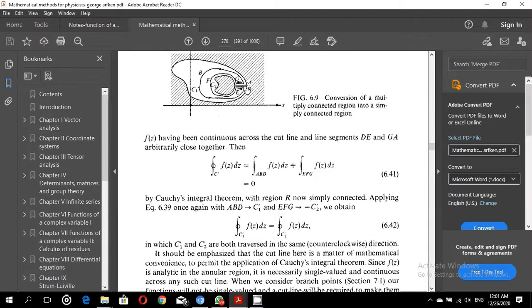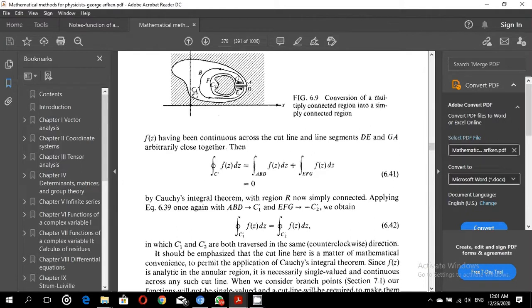Now you must also note that the travel from the point D to E and the travel from the point G to A are opposite, and the integration over these two paths cancels out. So we are left with two circular paths, C1 dash and C2 dash. Now mind you that C2 dash is being traveled clockwise, and the integral for this will be negative, and the C1 dash integral will be positive.